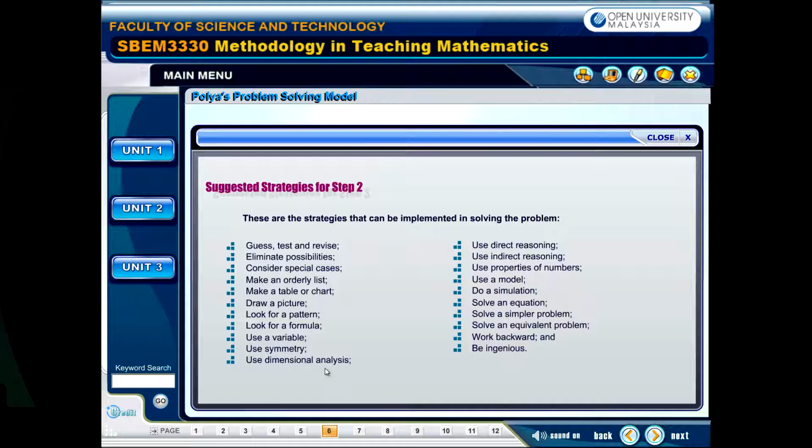Use dimensional analysis. Use direct reasoning. Use indirect reasoning. Use properties of numbers. Use a model. Do a simulation. Solve an equation. Solve a simpler problem. Solve an equivalent problem. Work backward. And be ingenious.